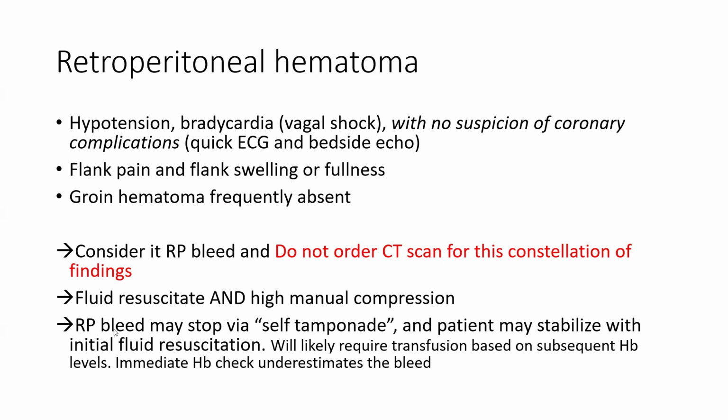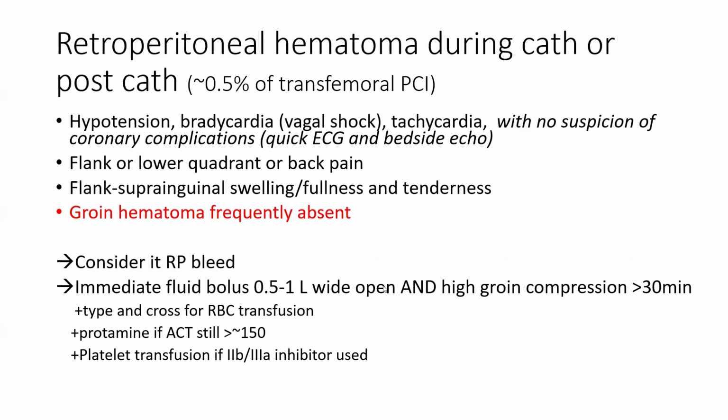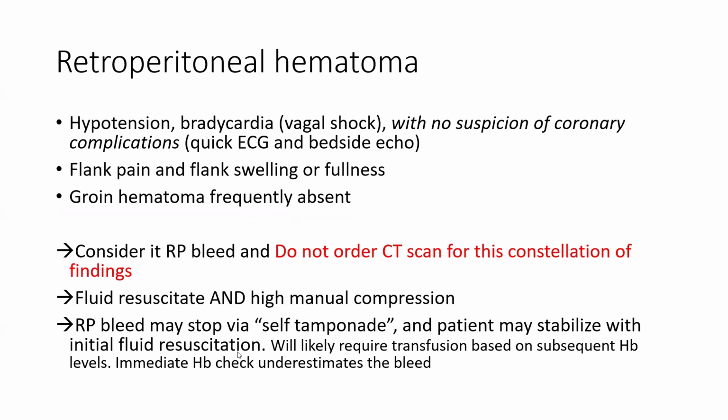Now, the retroperitoneal bleed may stop via self-tamponade, and the patient may stabilize with that initial fluid resuscitation, compression, and maybe blood transfusion and platelet transfusion, and protamine to reverse anticoagulation. So the RP bleed may self-tamponade with that initial resuscitation.